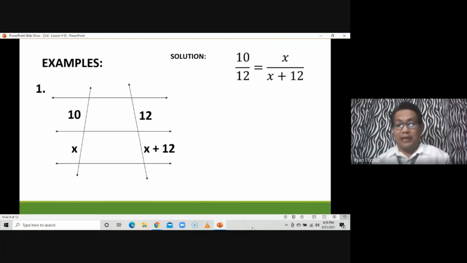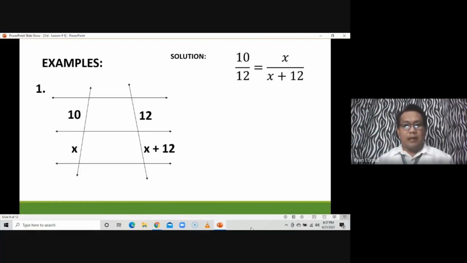Bakit horizontally ang ginawa natin? Because when we form proportion horizontally, makaka-form tayo doon ng ratio na walang involved na variable. Just like yung 10 over 12 is equal to x over x plus 12. Kasi pag vertically, wala tayong ratio doon na mag-form na walang involved na variable. So, titignan natin mabuti, iisipin natin, ano ba yung mas best way to solve for it.